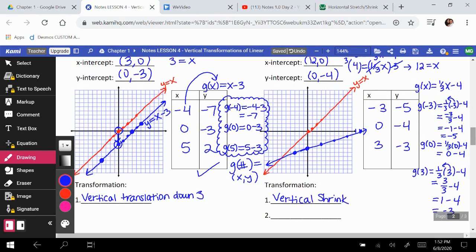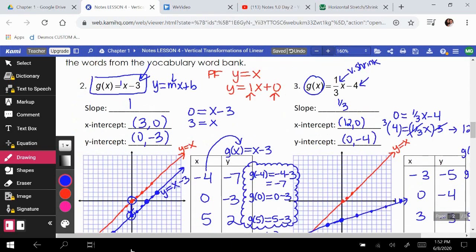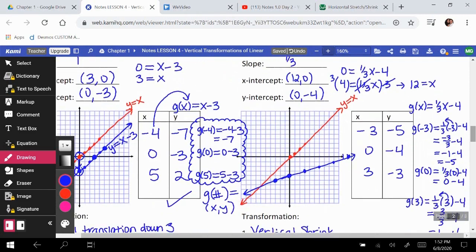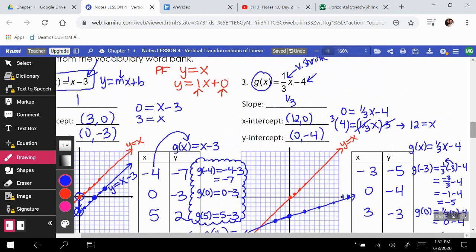Okay. And actually, I could have told you it was a vertical shrink, because look at this number 1/3 right here. See how that's a number less than 1 but greater than 0? Instantly, as soon as I saw that 1/3, I already knew that it was going to be a vertical shrink. So I'll even put by 1/3. Okay, and then what else has happened? For example, what's the -4 do?